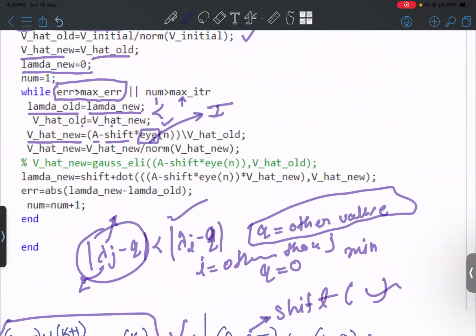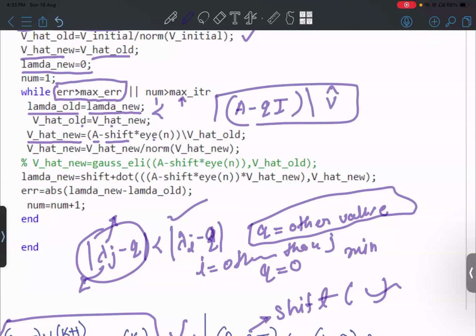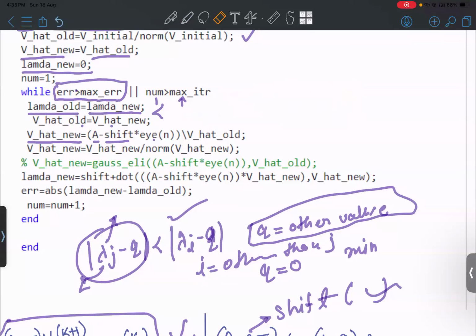So I have simply done a minus qi divided by v hat. Simply I have solved this vk plus 1th from vkth. I have solved a system of linear equations here.